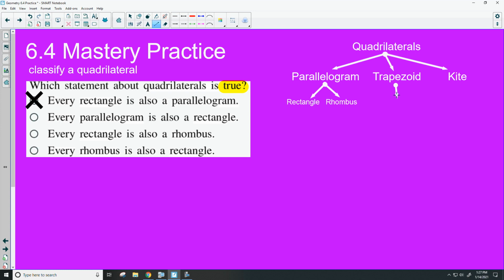If it's a trapezoid, there is a special trapezoid as well. If the non-parallel sides are the same, it's called an isosceles trapezoid. And that is a special type of trapezoid. Kites, I don't know of any special types of kites.